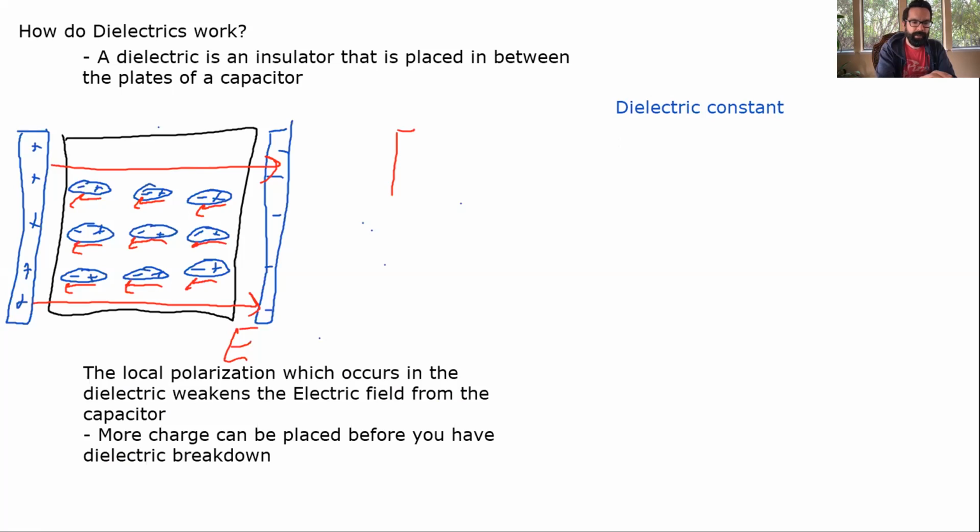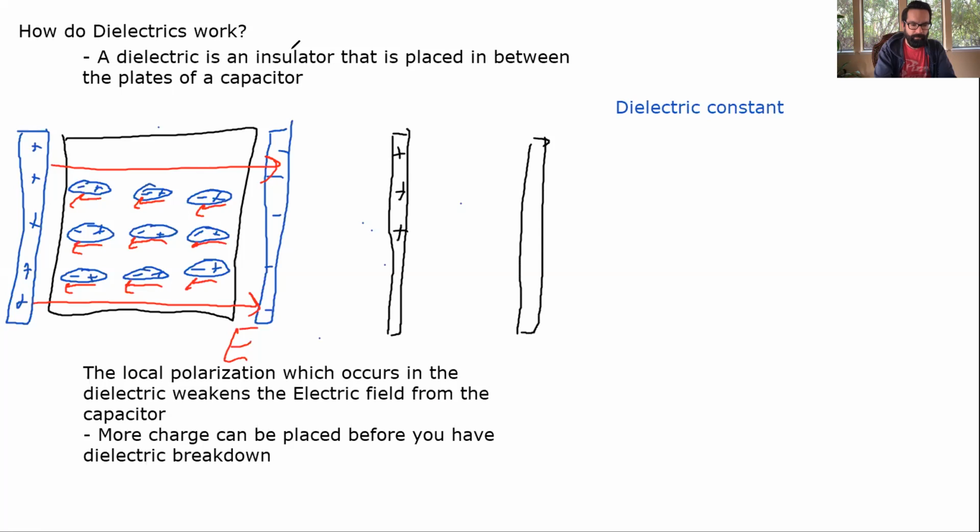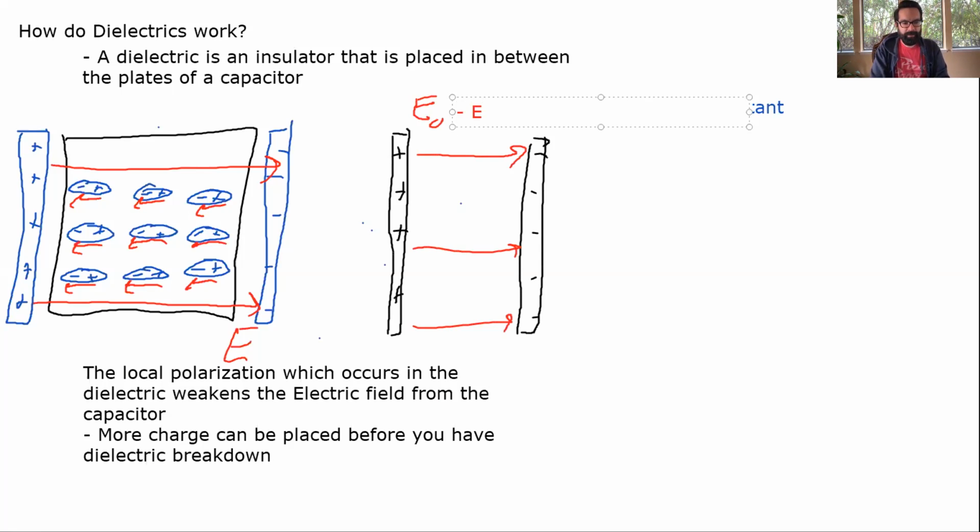Let me do it in black. Okay, and so I'll call this my E0. This is going to be the E field in vacuum.